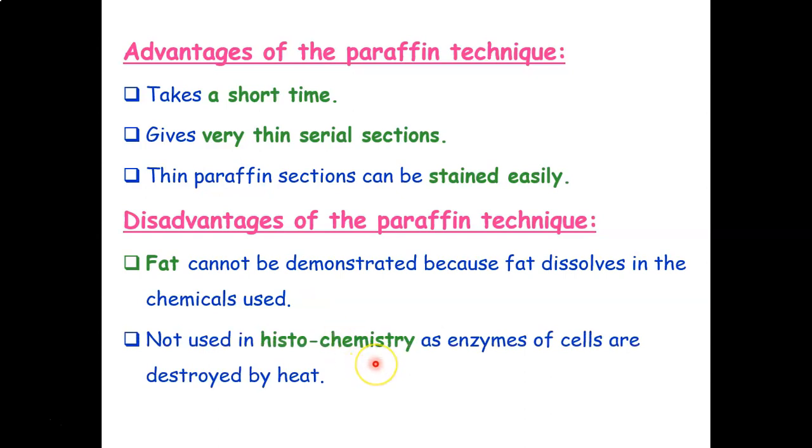Also, we raise the temperature in the paraffin technique, to which degree? Do you remember? Yes, excellent. We raise the temperature to 55 to 60 degrees centigrade. So this will denaturize the enzymes. So I couldn't examine the enzymes within the tissue due to the heat of the paraffin technique.